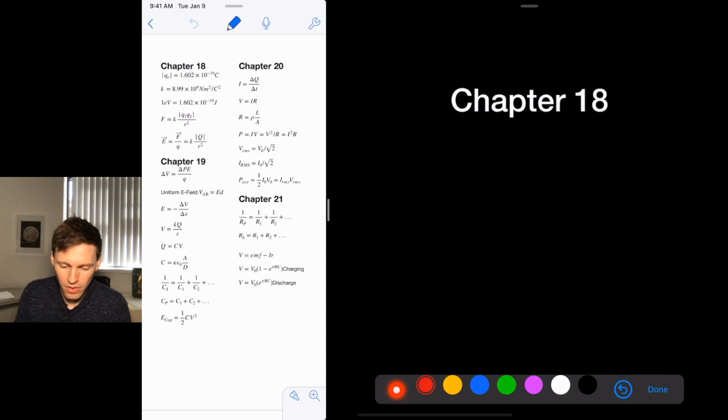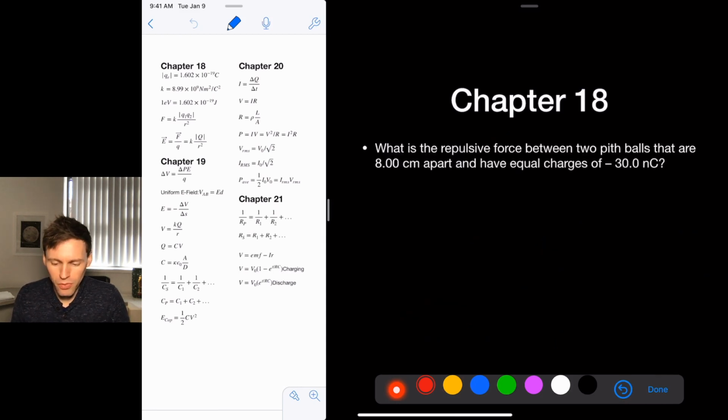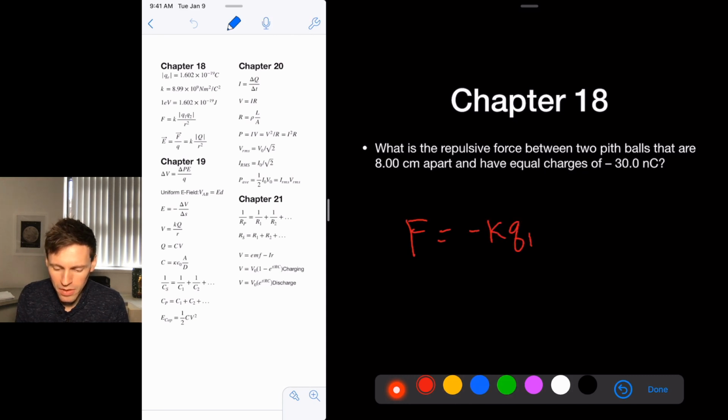Okay. What about this? What is the repulsive force between two pith balls that are 8 centimeters apart and have equal charges of minus 30 nanocoulombs? So this is Coulomb's law. F is equal to KQ1 Q2 over R squared. So we're going to have K, which is 8.99 times 10 to the 9. They both have negative 30 times 10 to the minus 9 coulombs.